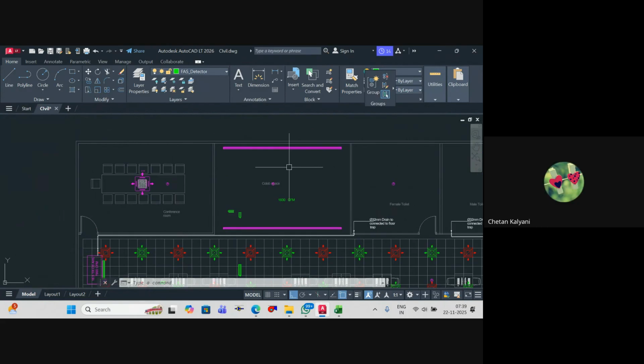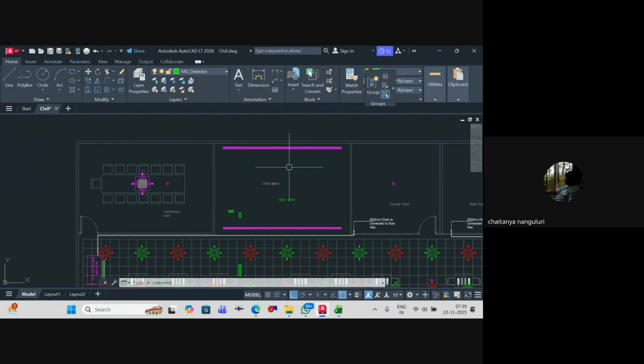My doubt, sir: in the conference room we are placing a detector. If we draw a circle of 7.5 meters, it covers the collapse space as well. If the 7.5 meter circle is covering the collapse space also, can we use only one detector?